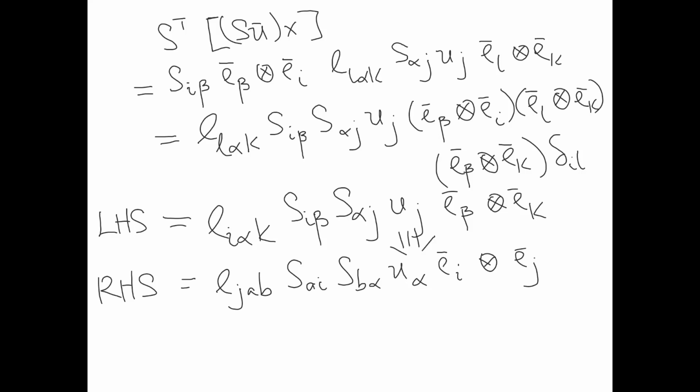Can we see that it's the same? So compare what we got for the left-hand side. I've rewritten again what we got for the right-hand side. Can we see that it's the same?